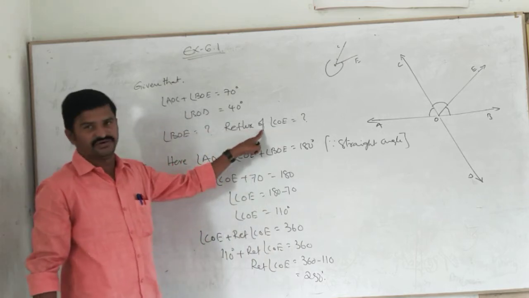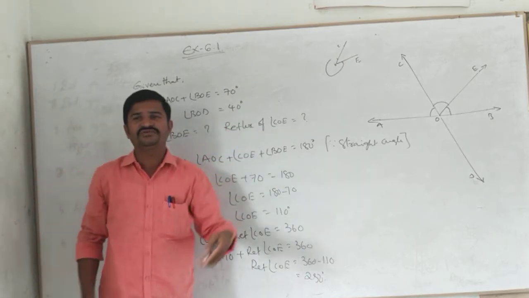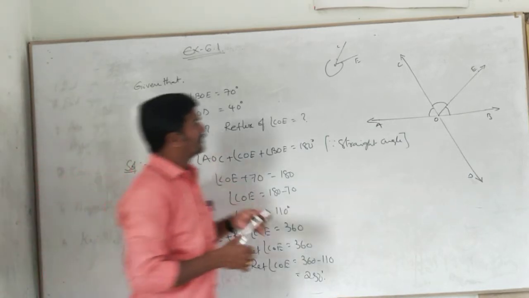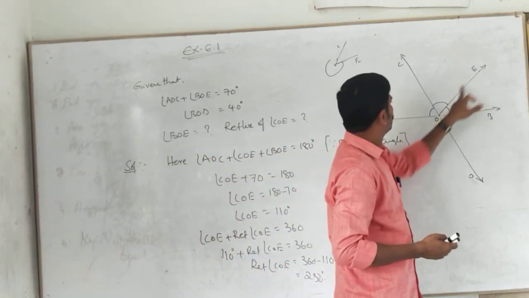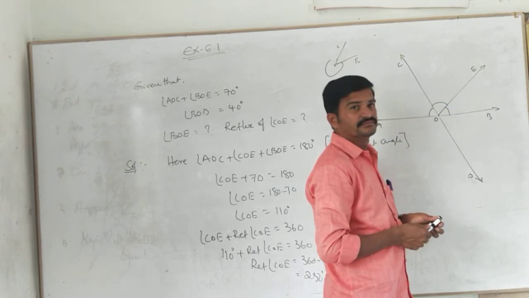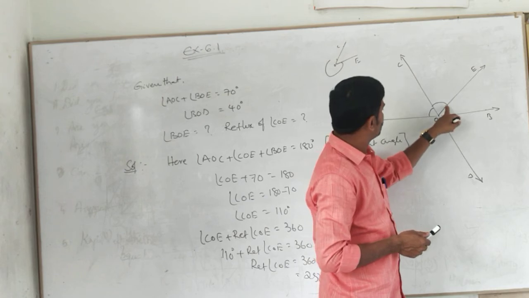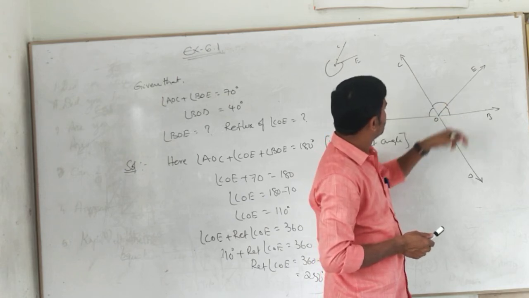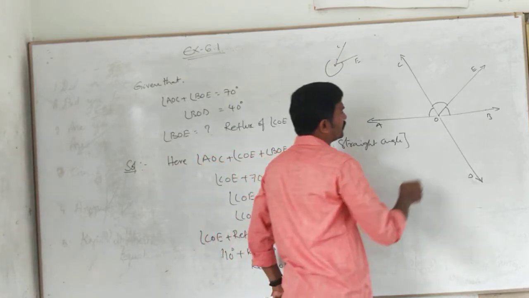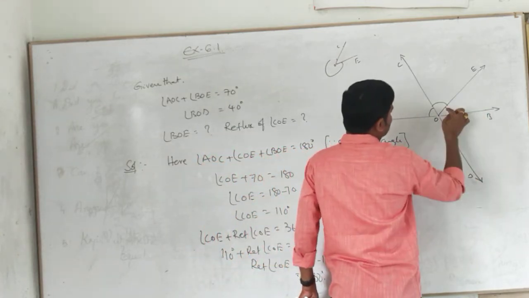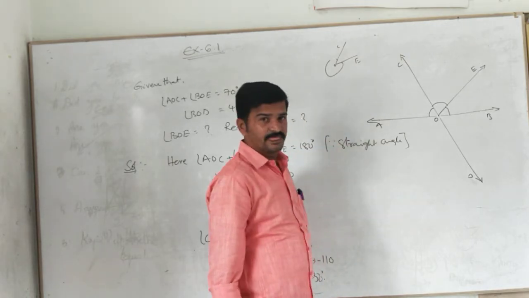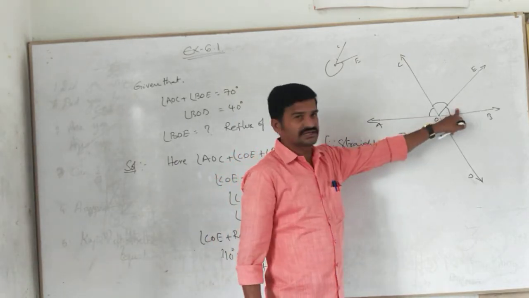So one thing here I found. What is the other thing you were asked to find? BOE. Where is it? How will you get BOE now? BOE, this angle. Think once. 70 minus x?